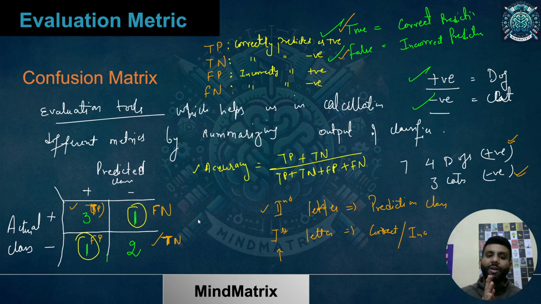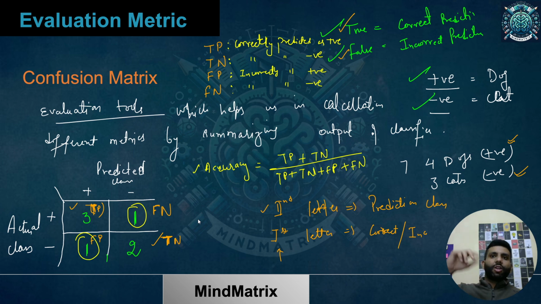So with the confusion matrix also, we can find out the accuracy as correct predictions upon total predictions. Correct were true positive and true negative, divided by true positive, true negative, false positive, false negative. I hope you have got this. You can expect a question based on the confusion matrix, because this is a very important evaluation metric.